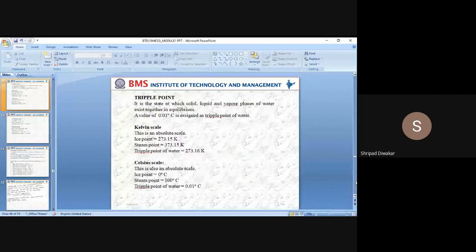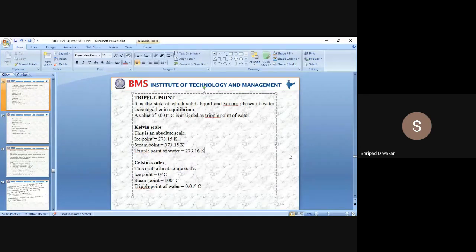Now, one more standard point is there called triple point. Just as we have an ice point and steam point, we have one more standard definition called triple point. Triple point is defined as the state at which the solid, liquid, and vapor phases of water exist in equilibrium condition.